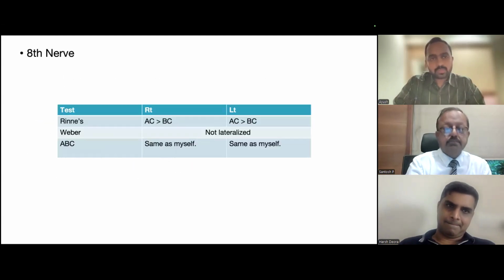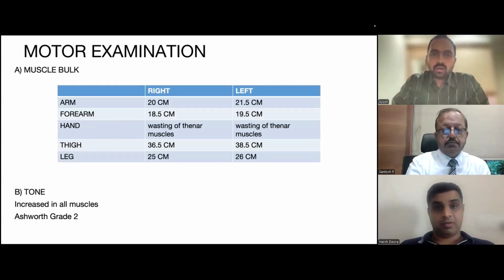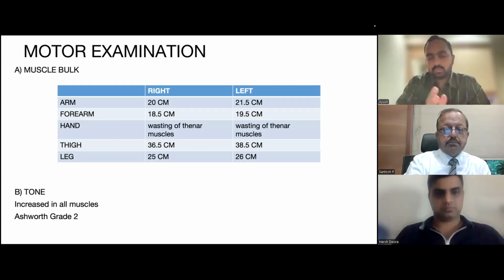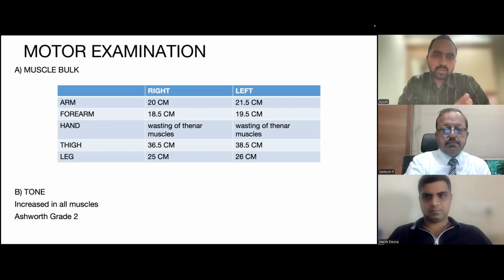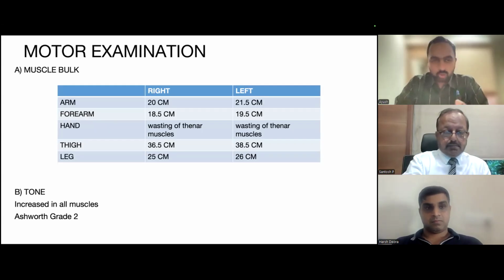Coming down to the motor examination, in muscle bulk, on measurement by anthropometry, I could appreciate that the right side appeared to be weak and there was wasting of the thenar muscles of both hands. Tone was increased in all muscles, Ashworth grade 2.